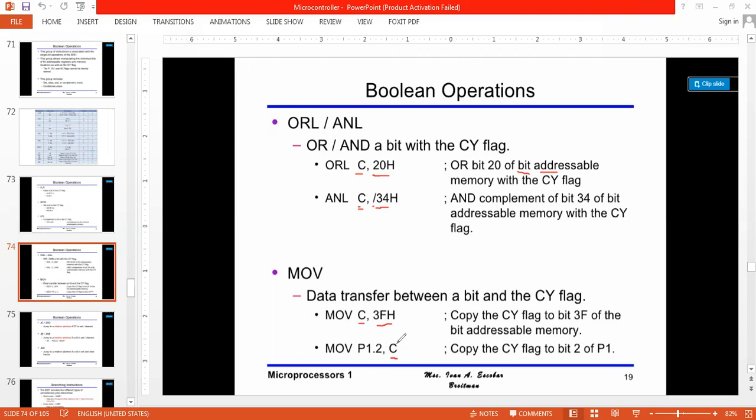So here the value of carry flag is going to be updated toward P1.2. Okay.